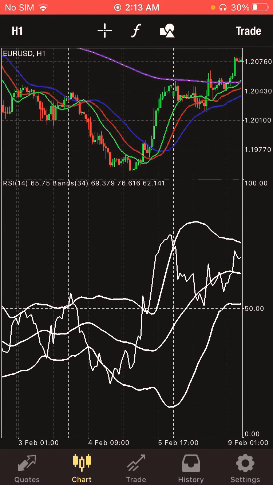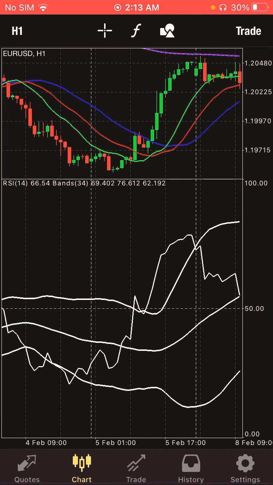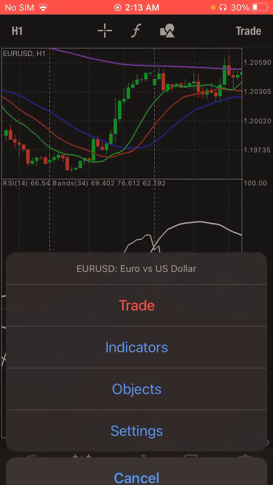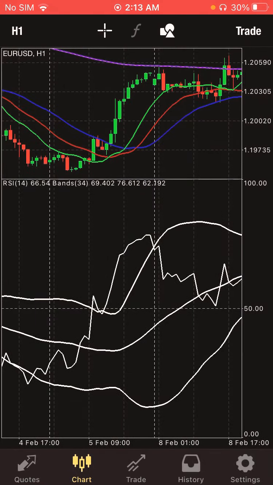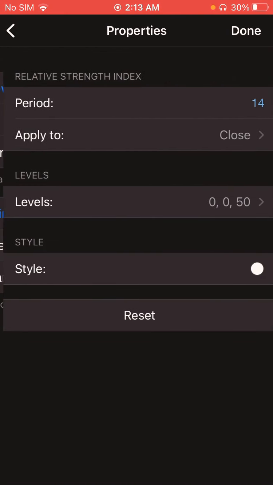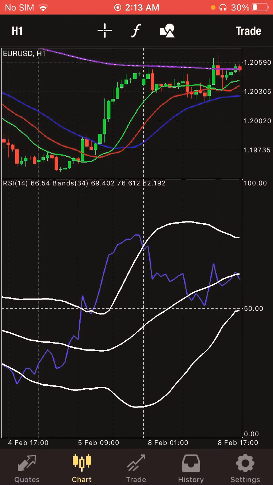we could see that right here, these shark fin lines. Give me 1 second, I'm going to make these lines a different color so it'll be a little bit easier to see what I'm talking about.